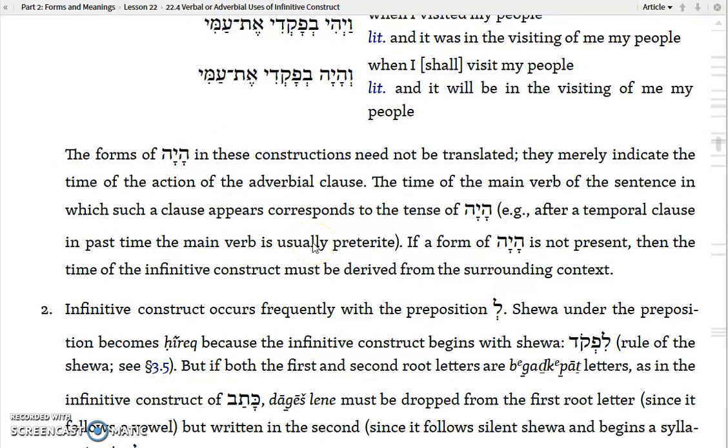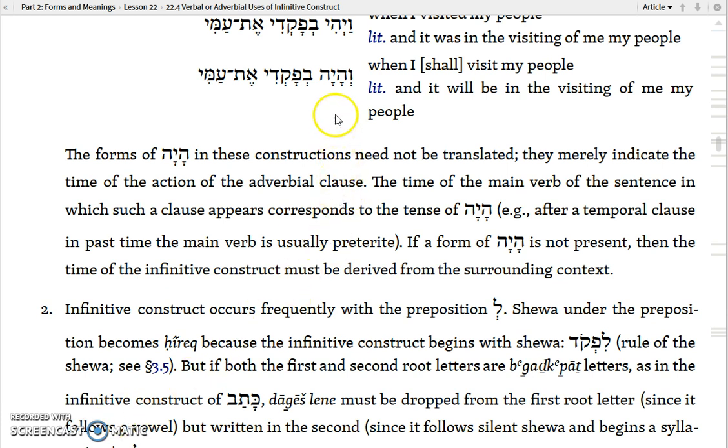It merely indicates the time of action. So if you're wanting to be highly literalistic about your translation, you translate it, and it shall come to pass, or it came to pass. But you could simply not translate it and go directly to the verbal idea of the infinitive: when I visited my people, or something like that.